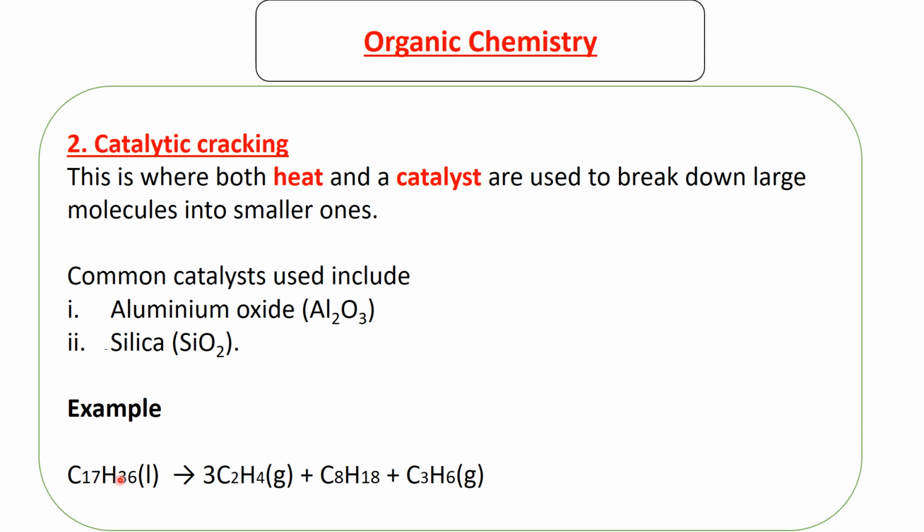When there is a proper catalyst and it is heated, it breaks down into an alkene. How do I tell it's an alkene? Because the general formula of alkenes is CnH2n, so C2H4. It also produces another alkane and another alkene. For those who don't understand how to differentiate, you will as we go into the next topic.